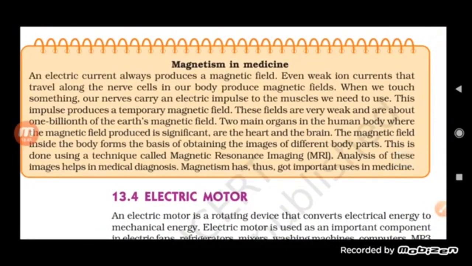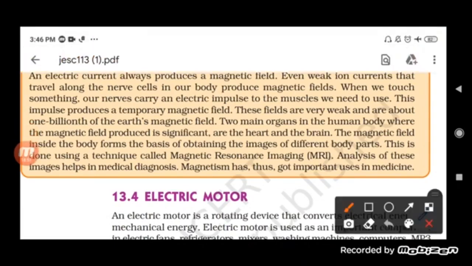See, these days the magnetic field is also used in medicine. Like, the magnetic field is basically used to obtain images of different body parts. You can see here MRI. MRI is magnetic resonance imaging. With the help of the magnetic field we can see inside the body on the basis of obtaining images of different parts.